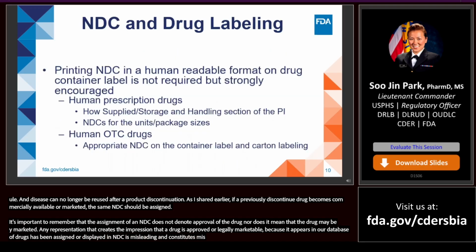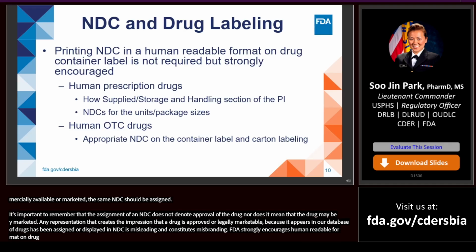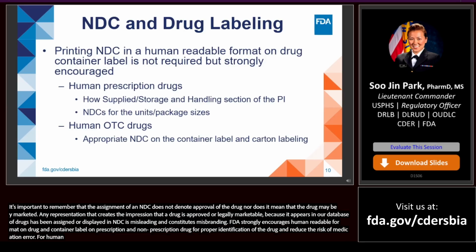FDA strongly encourages inclusion of the NDC in a human-readable format on the container label and carton labeling of the prescription and non-prescription drug for proper identification of the drug and to reduce the risk of medication error. For human prescription drugs, the How Supplied, Storage, and Handling section of the package insert must include the NDCs.